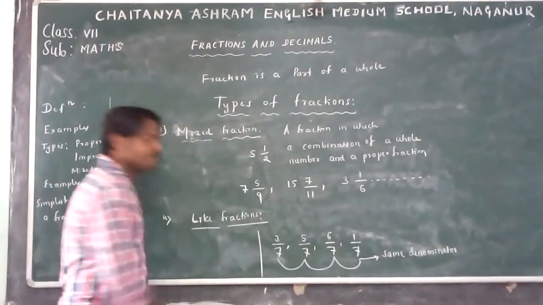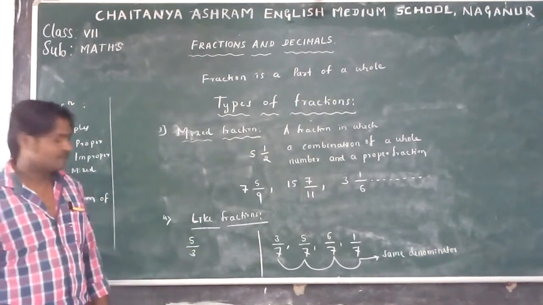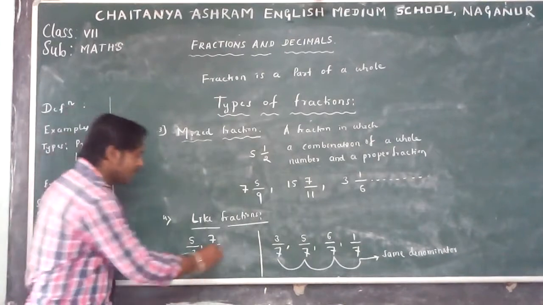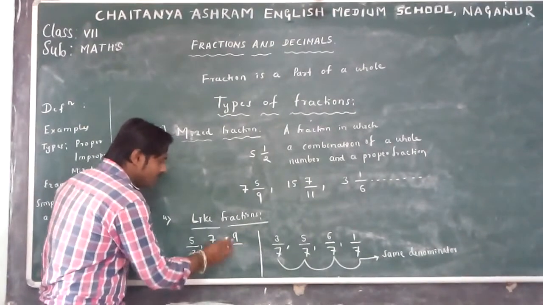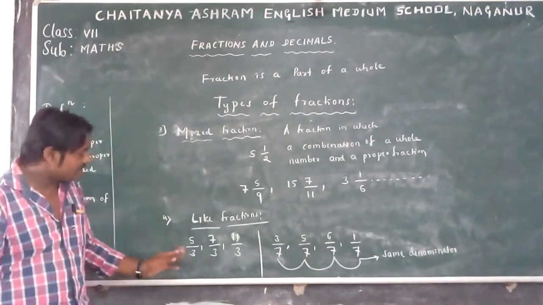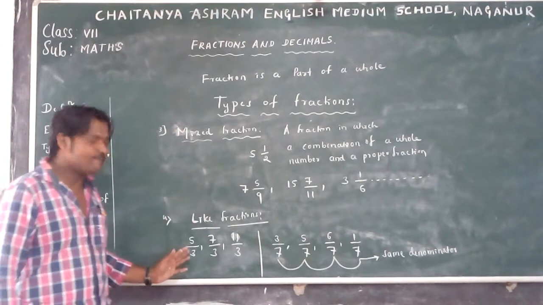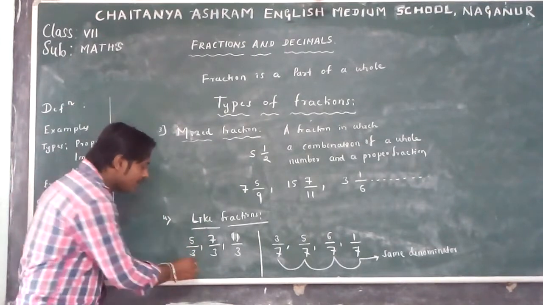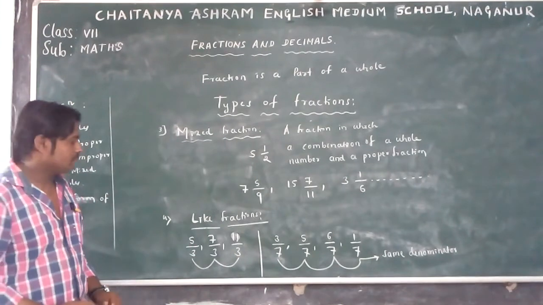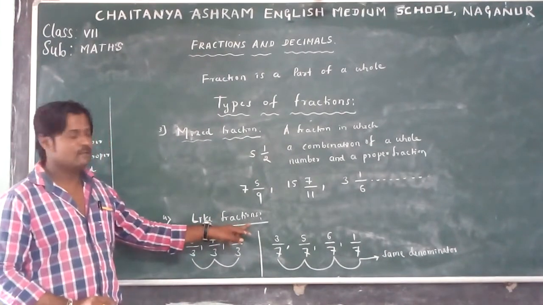Or consider here 5 by 3, 7 by 3, 9 by 3, 11 by 3. Observe these 3 fractions. What is the special in these 3 fractions? These 3 fractions also have the same denominator. Such fractions we call as like fractions.